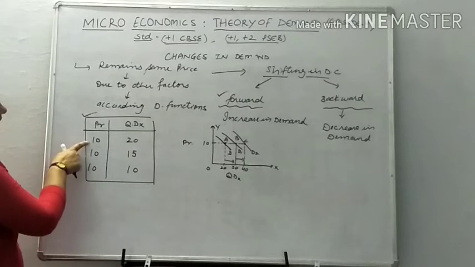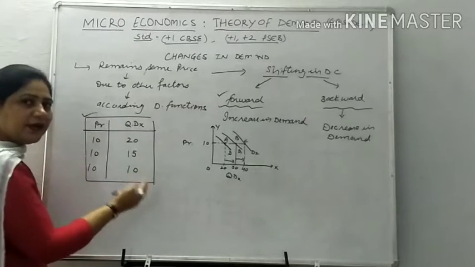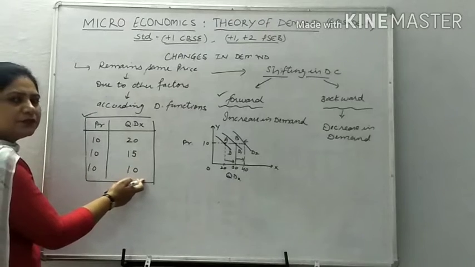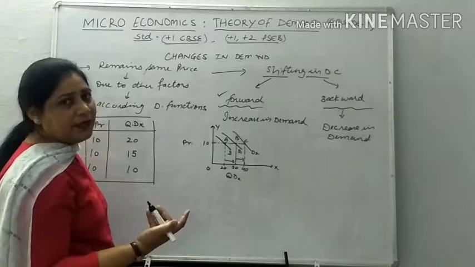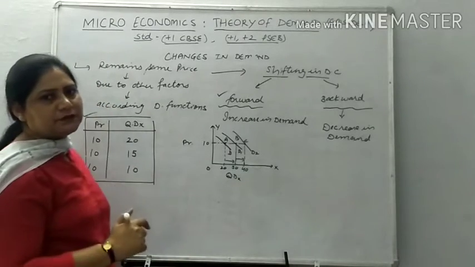You see here, at the same price he is purchasing 20 units, and then 15 and 10 units. Why does this happen? Think about it. This happens not due to price, but due to other factors.